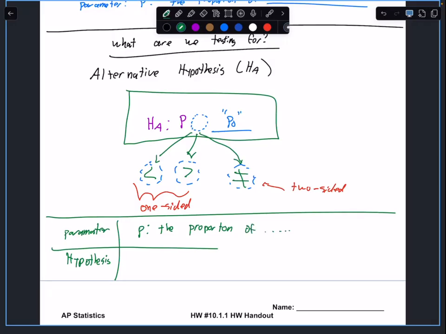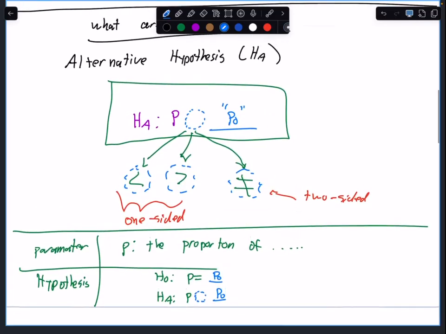And then my hypothesis is going to be something like H0 and Ha: p equals p0. You have to use the context of the problem.